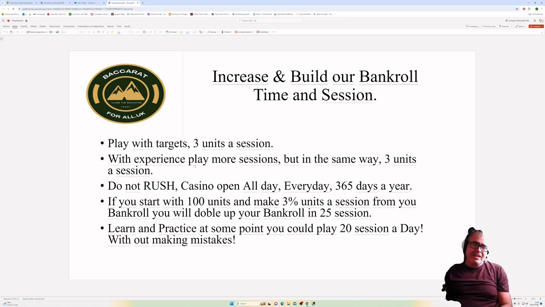So you have to see that little by little you will increase your bankroll. You don't need to put more money from your pocket. You can use the casino money. And the best way, I think, is to do cash outs.